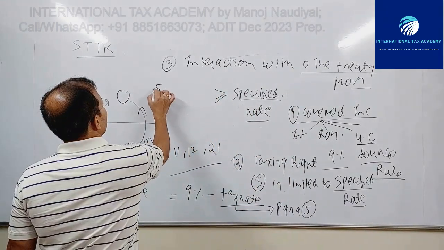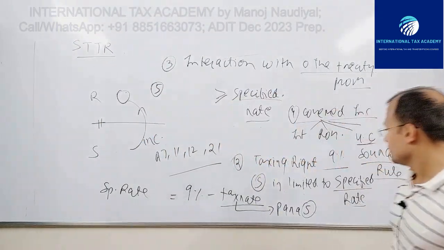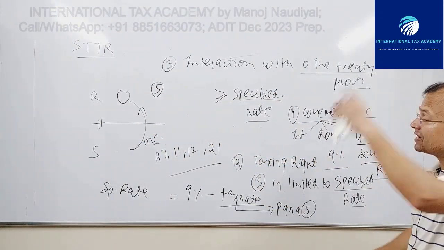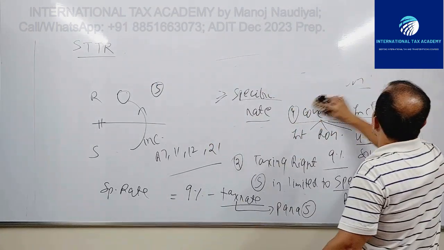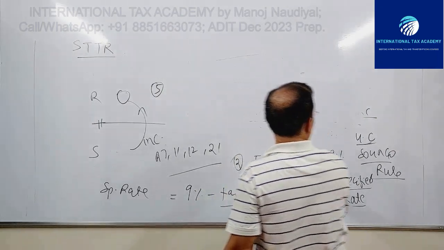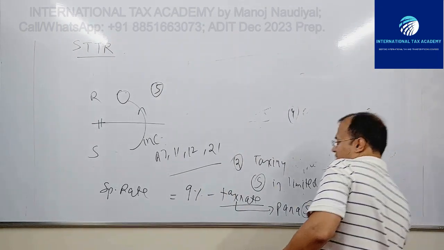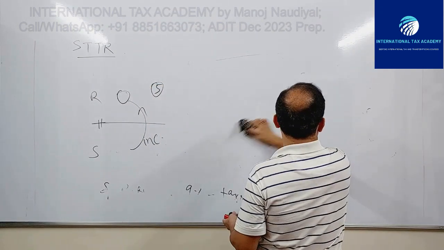Fifth is the tax rate. Paragraph 5, the tax rate. It's a long provision.